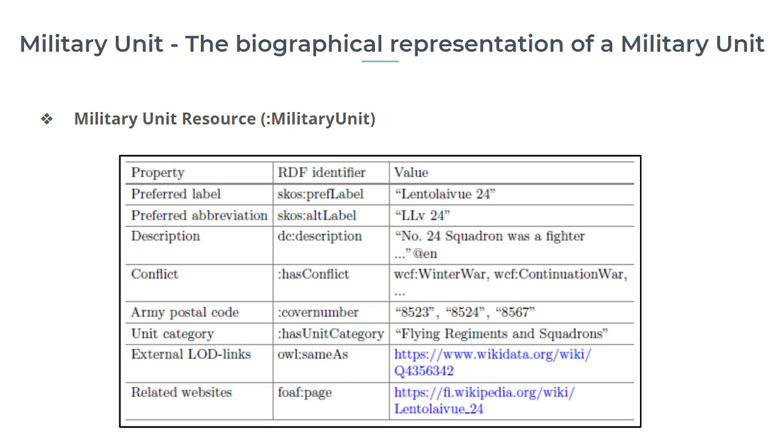So the military unit table contains the label of that unit, which is the name and the abbreviation, the description of that unit, the conflicts the unit participated in by the has conflict field, the postings of the unit linked by postal codes in the cover number field, and the category of that unit, it may be a flying regiment, it may be a naval regiment, and so on, in the unit category field. And same as the person resource, it also contains external database and external website links.